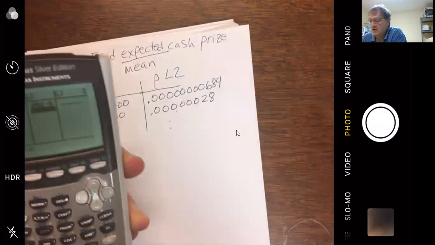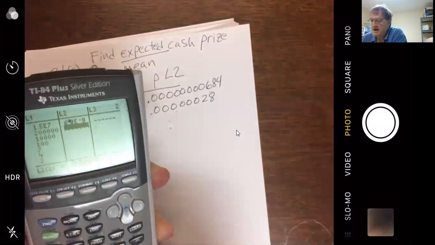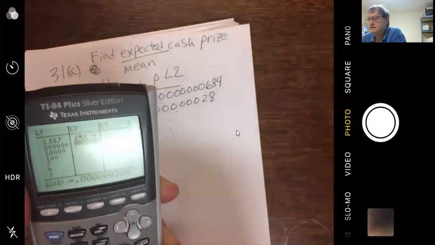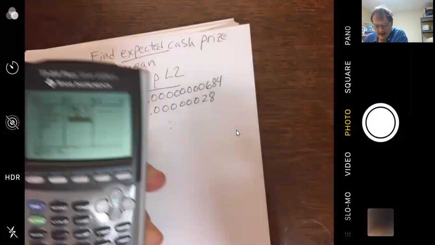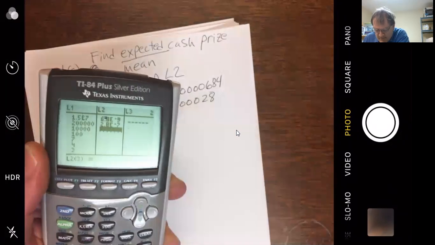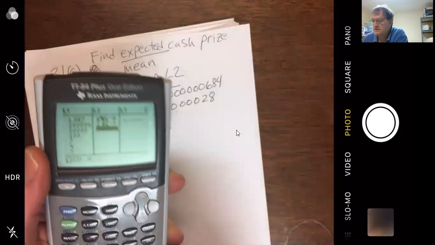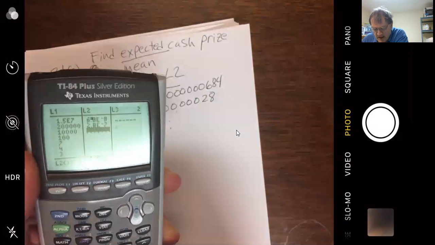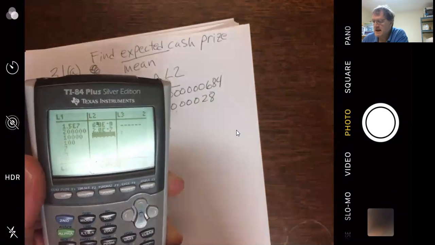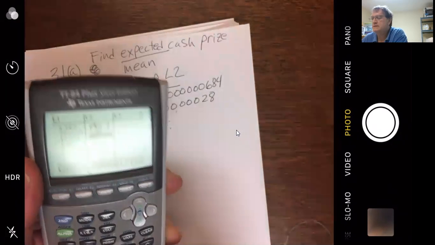Next one had 6 zeros. 0.1, 2, 3, 4, 5, 6, 2, 8. Again, scientific notation. Next one I think has 5 zeros. 1, 2, 3, 4, 5, 1, 7, 1, 1.